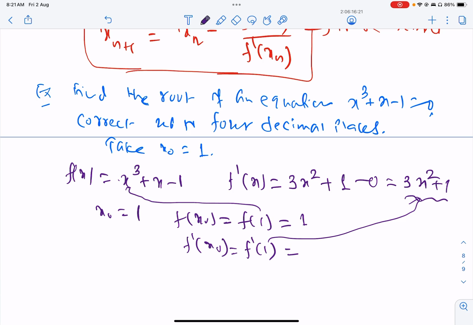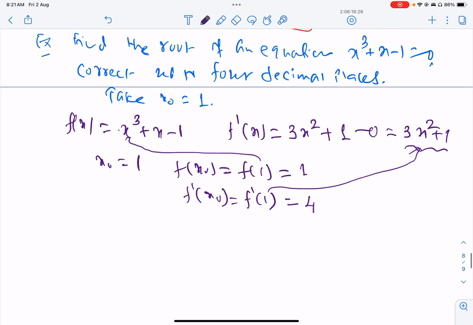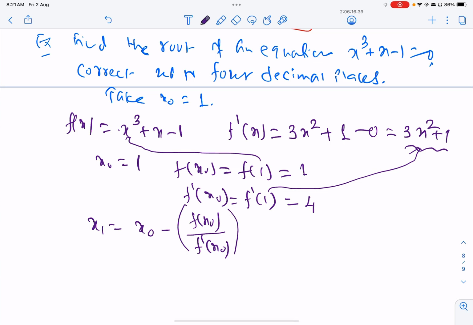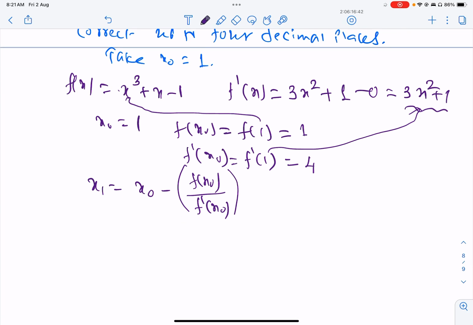So that is nothing but 4. And now x1, the first approximation, is x0 minus f of x0 divided by f dash x0. Do remember, this is like this when you use the calculator. So this is nothing but 1 minus 1 by 4, and so that is nothing but 0.75. This is our first approximation.